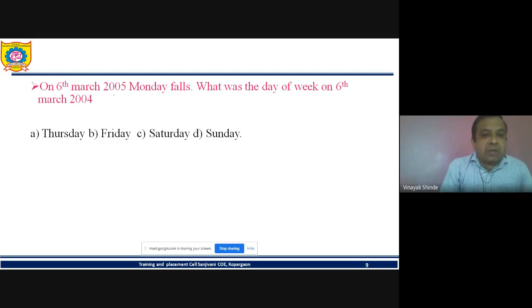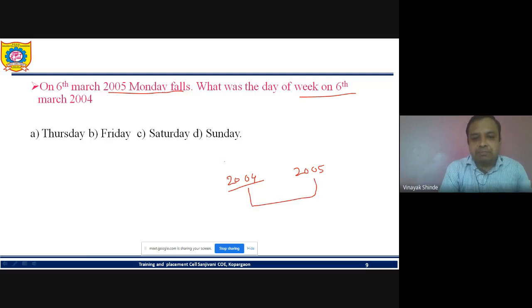6th March 2005, Monday falls. What was the day of the week on 6th March 2004? So this is 2005, and this is 2004. Again, it is a simple question. Though 2004 is a leap year, it does not include the month of February, because the span is from 6 March 2004 to 6 March 2005.